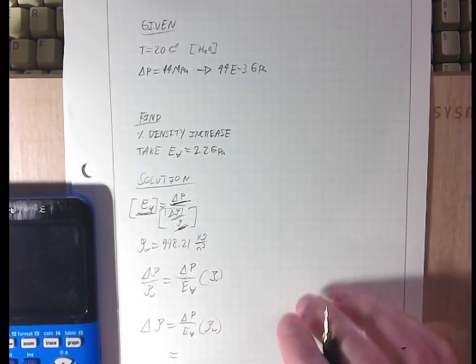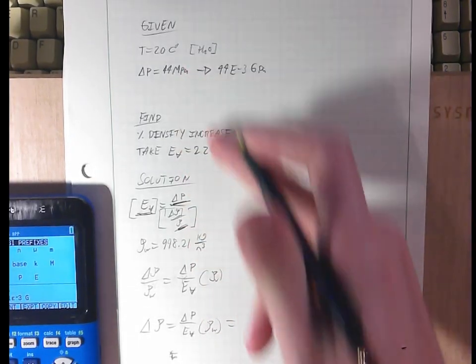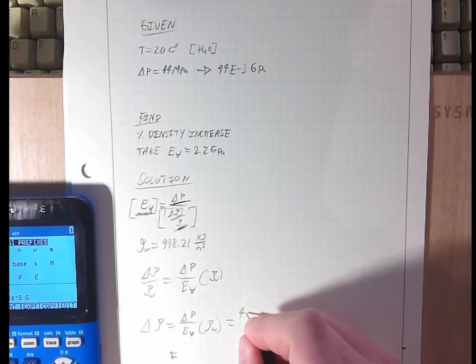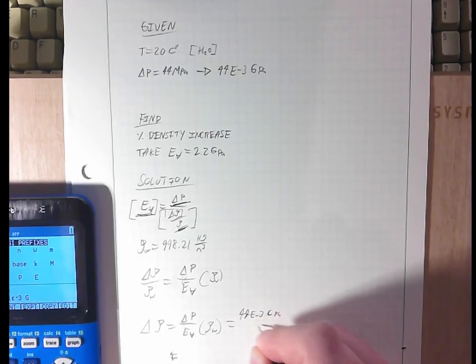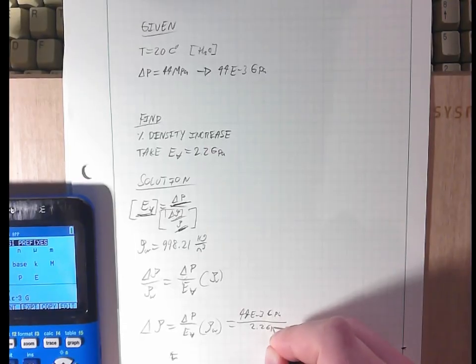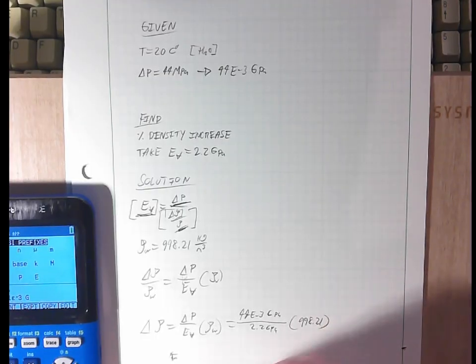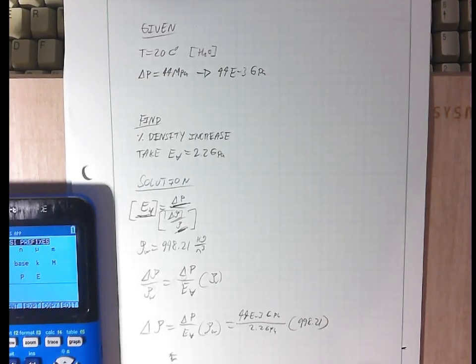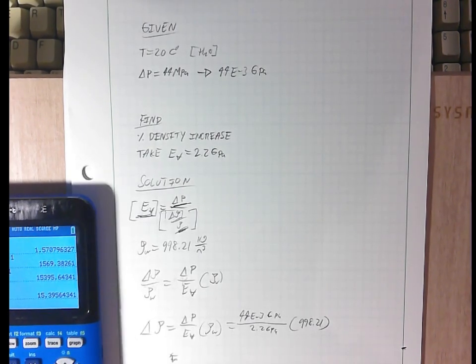which this is going to be equal to, you can't see down there, well, let's see, change in pressure is 44 e to the negative 3 GPa all over 2.2 GPa times 998.21. Let's do this really quick.